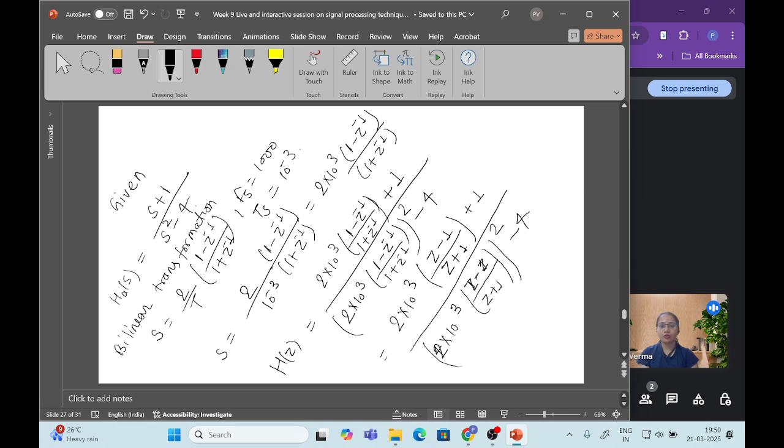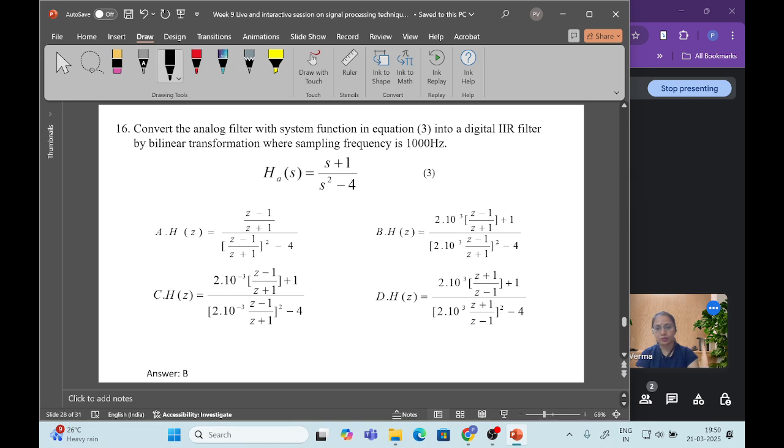We don't need to convert it. Just 1 by z and all those things are cancelled out. So which option is correct? From here you will see option B is the correct answer for this question. Just check with the answer.